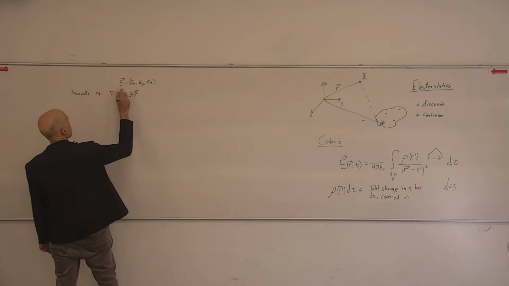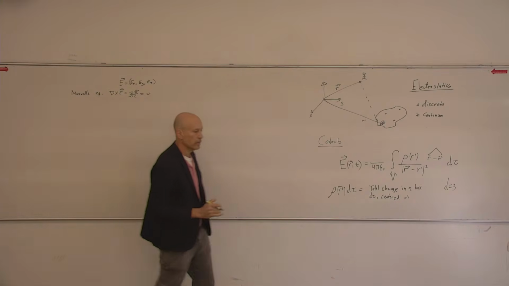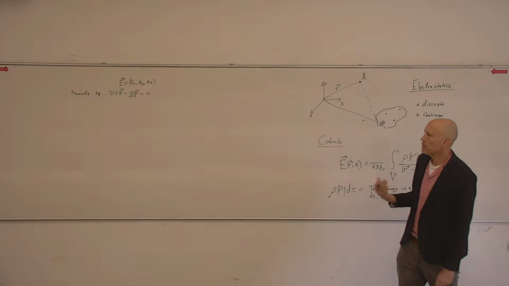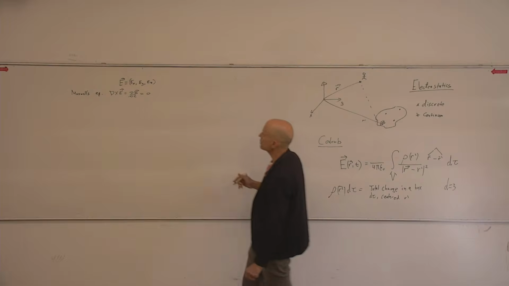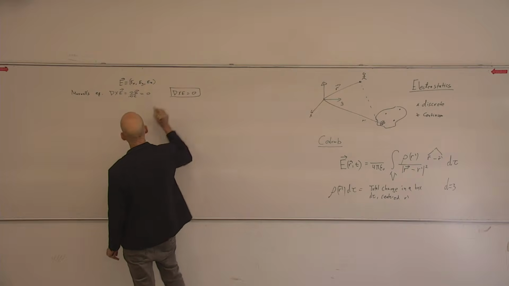Now, this is 0 when the fields are static. Nothing is moving, so the time dependence of the magnetic field B is gone. And that means rotor E, or curl E, is equal to 0, and this is important.